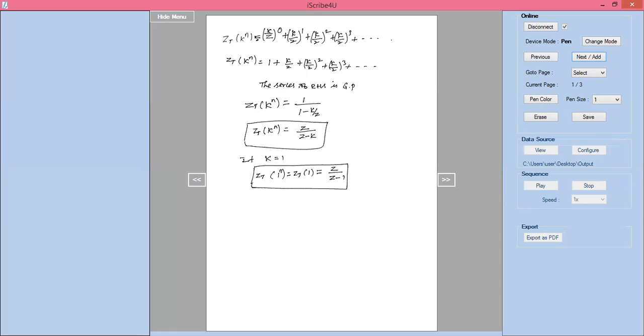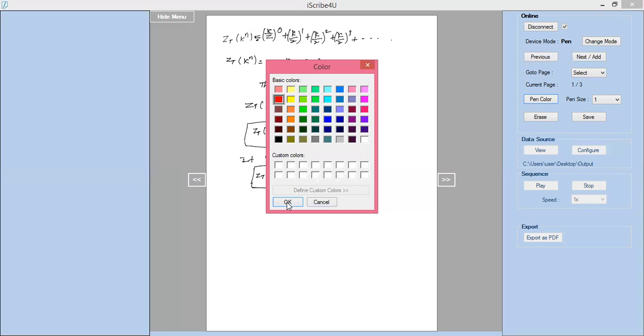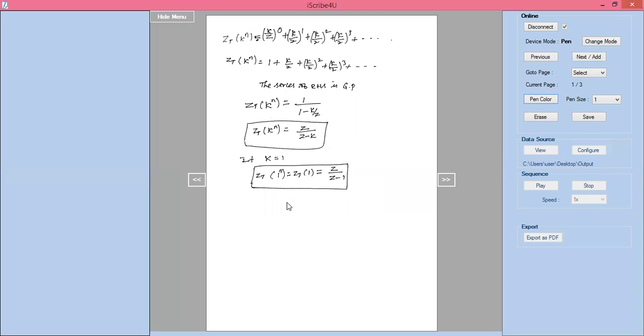Next, I am going to take Z transform of n. The second one should be Z transform of n.